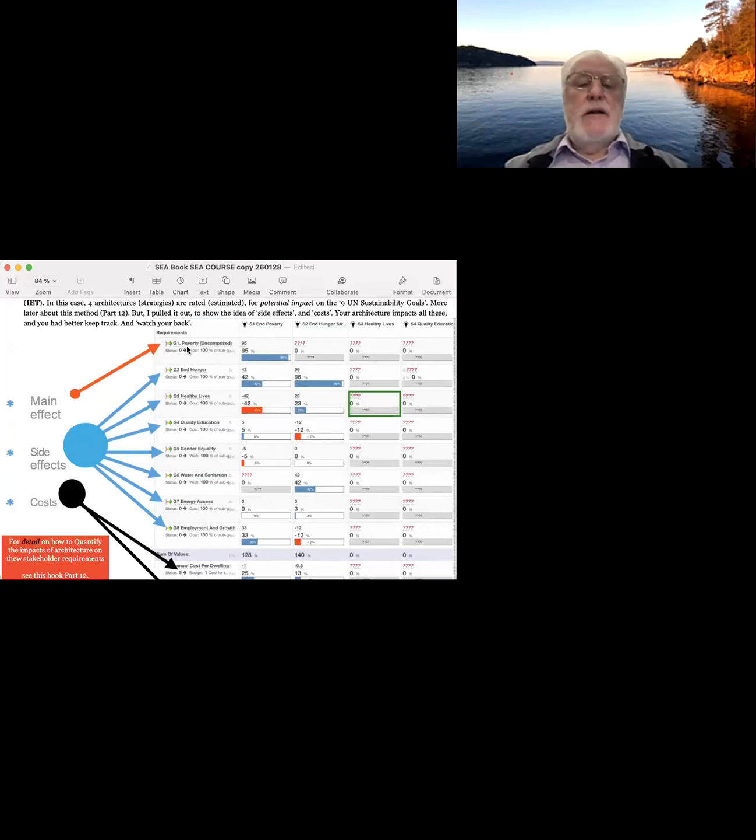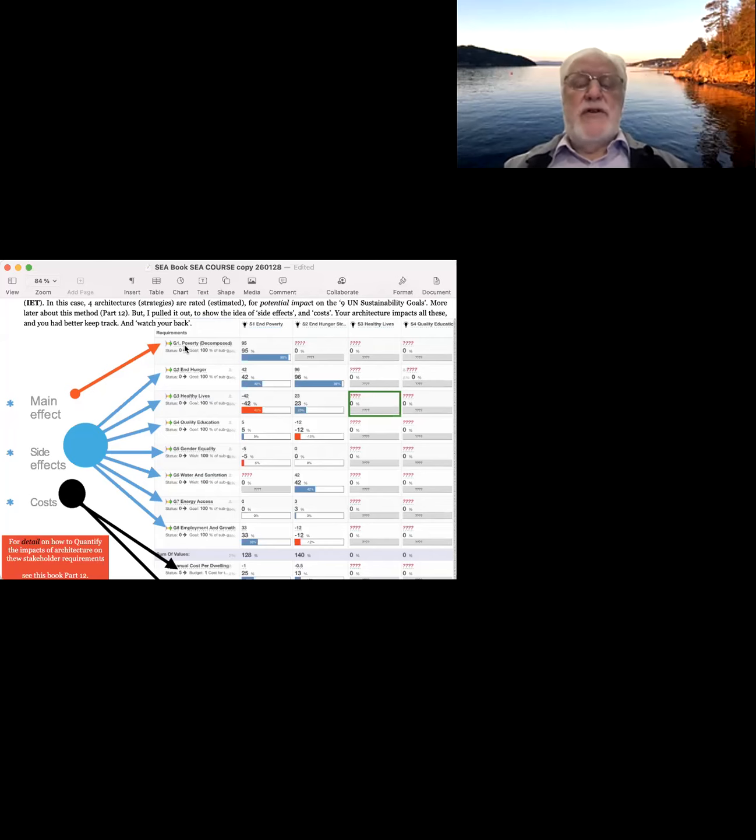And I have a little book for those who are very interested in this called Sustainability Planning. And I assume you will find that in the references at the back of the C book, where I analyze those goals and try to quantify them. So this is from that example.